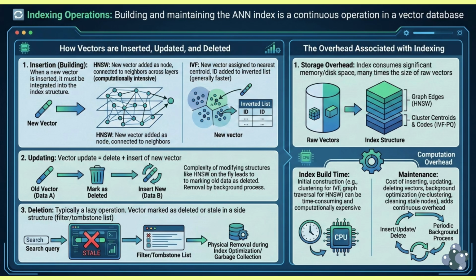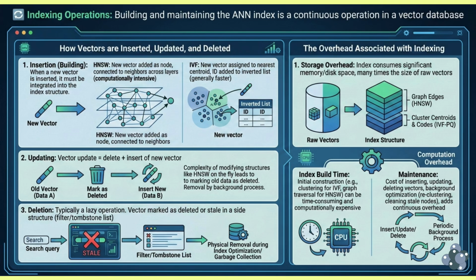A vector update usually requires a delete followed by an insert of the new vector. Due to the complexity of modifying complex data structures like HNSW graphs on the fly, many databases handle updates by marking the old vector as deleted and inserting the new one. The actual removal of the deleted stale data is often handled by a background process.